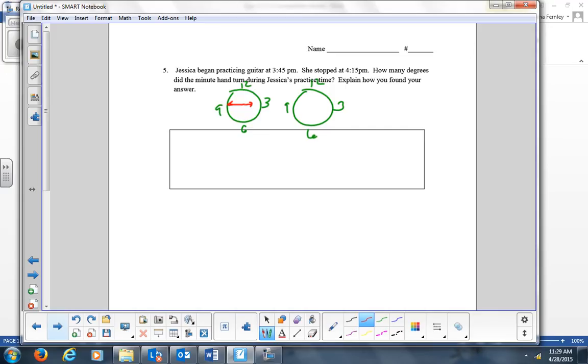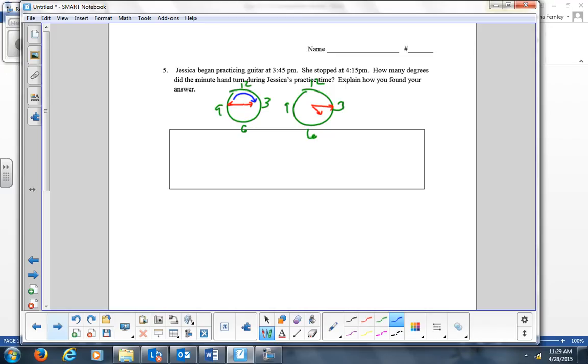Okay? And then she went to 4:15. So little hand goes there, big hand goes there. Okay, so she went from here to here, basically. Okay, how many degrees did the minute hand turn during Jessica's practice time?